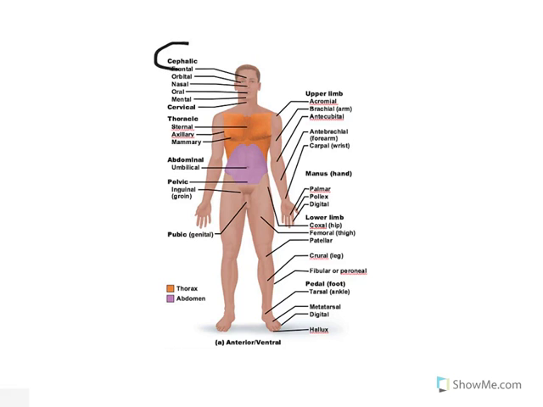So we see cephalic refers to head region. Frontal, orbital, nasal, oral, and mental are all regions referring to the forehead, the eye, the nose, the mouth, and the chin. These are all very important. They're all very close together, so it's important to note these terms. All of these terms are very important to know.